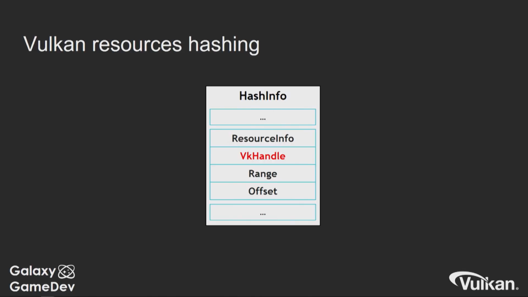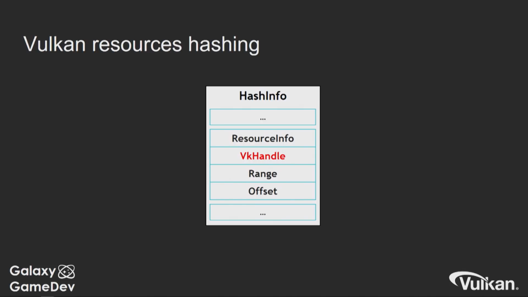In Vulkan, you should always try to reuse all your resources as much as possible. Especially updating descriptor sets is very expensive in terms of performance. So it's always better to have some kind of descriptor set cache logic in your game. In that case, you have to calculate some hash values for your resources.